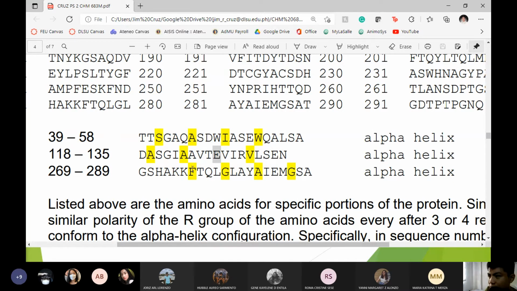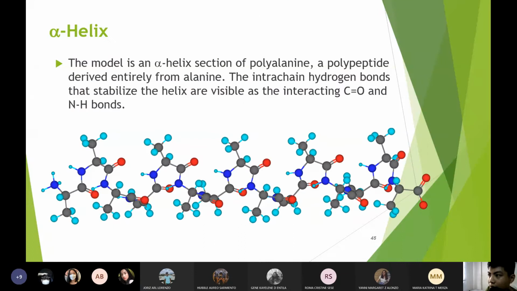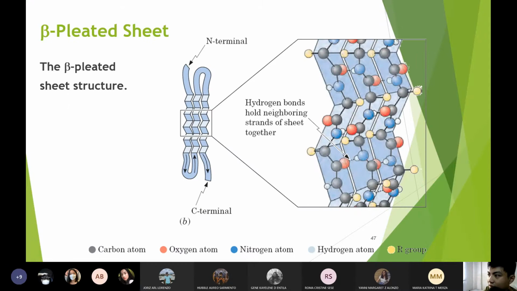These are all non-polar, right? So these are all non-polar, that's why this region forms an alpha helix. So that's the technique for knowing whether it is an alpha helix: every after 3 residues, you have similar polarity, and they form an alpha helix.